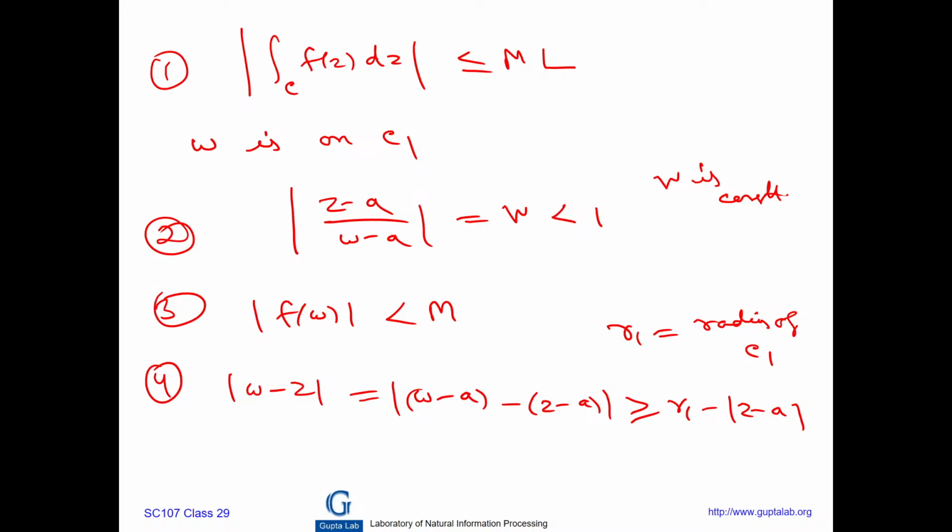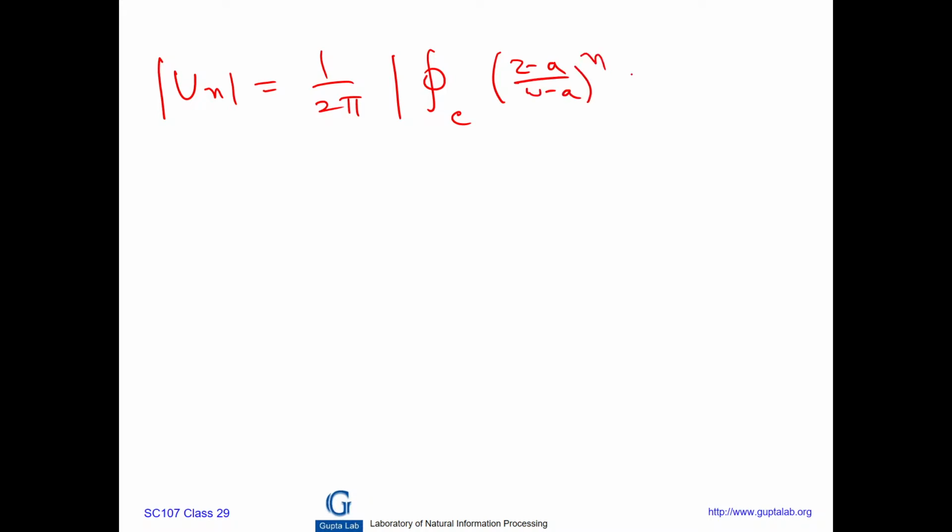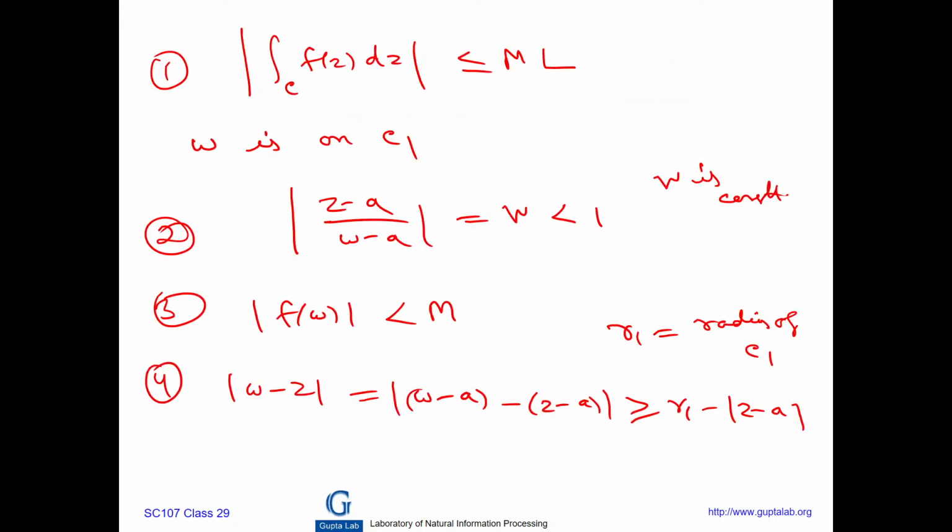Now we are ready. So this implies that mod of un is equal to 1 over 2 pi, 1 over 2 pi i, mod of i is 1, so that is not there. Then integration along C, z minus a divided by w minus a whole raised to power n, f of w divided by w minus z dw, this whole thing is less than or equal to 1 over 2 pi, gamma raised to power n, because using this result, mod of z minus a divided by w minus a is gamma, right?